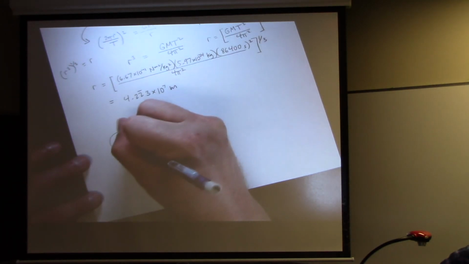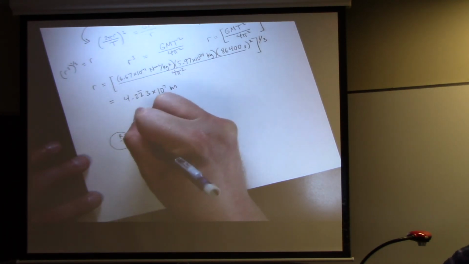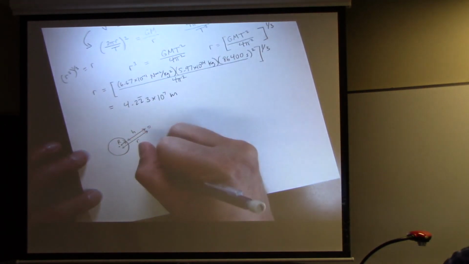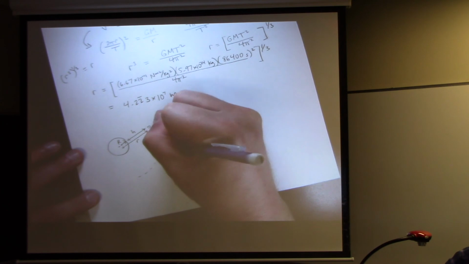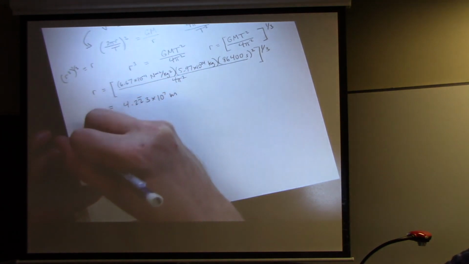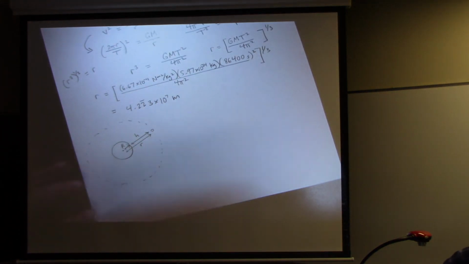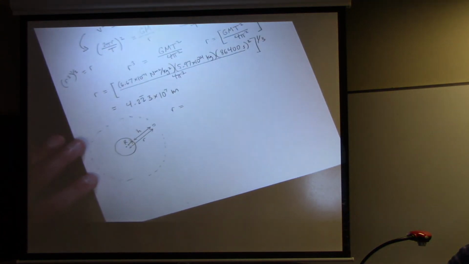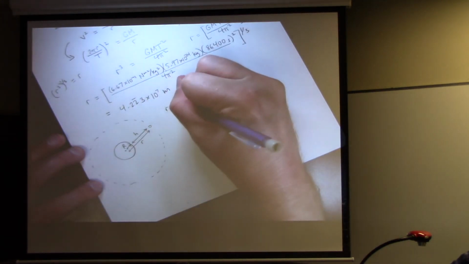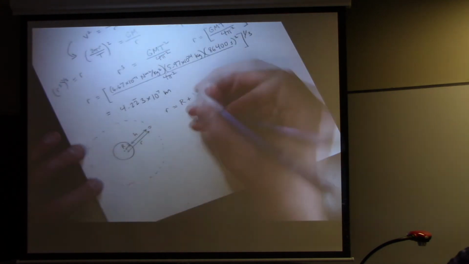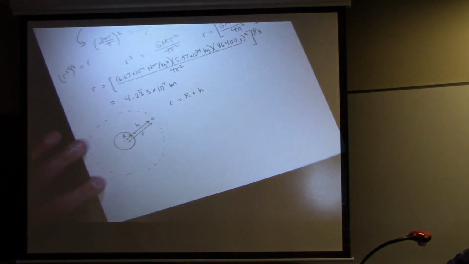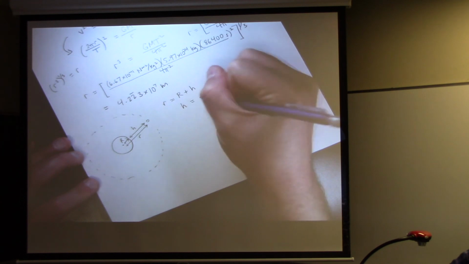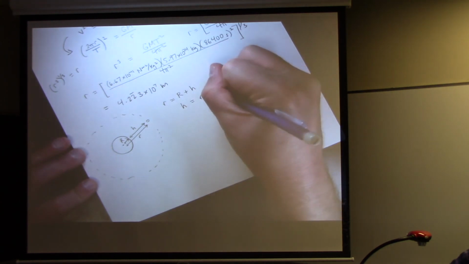When we add these two together, we get lowercase r, which is the distance from the center. So this is the circle we move in. Again, if I want to measure the radius of that circle, I have to take the entire distance to the center of the Earth, which means the lowercase r that we found is equal to uppercase R, the radius of the Earth, plus the height above the surface. And I'm trying to find the height above the surface, so that's going to be little r minus big R.